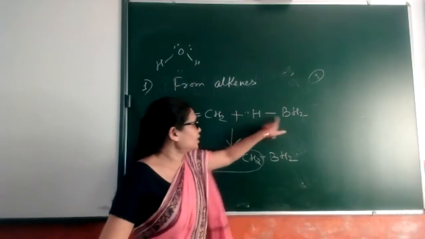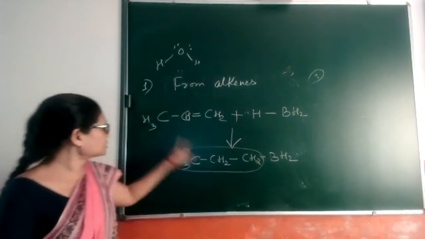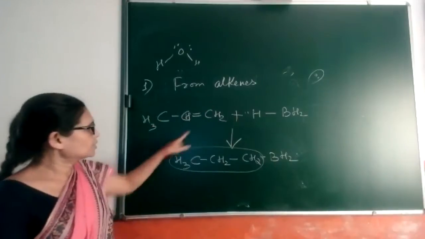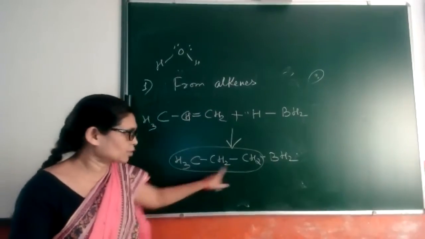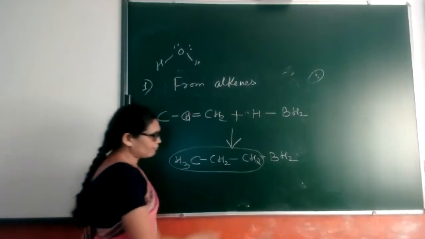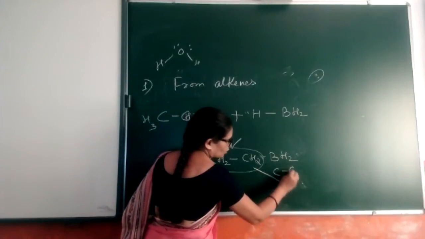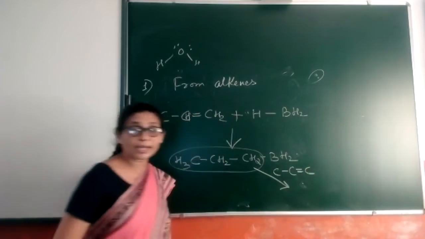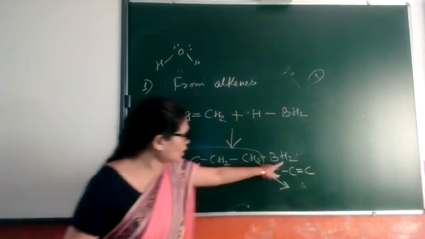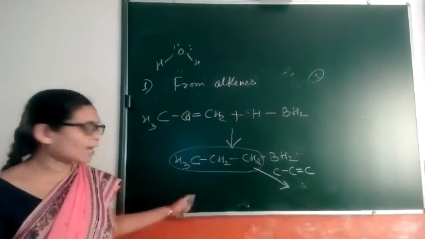This alkene has become alkyl group. If we use one more alkene, then one more hydrogen can be replaced by this alkyl group.